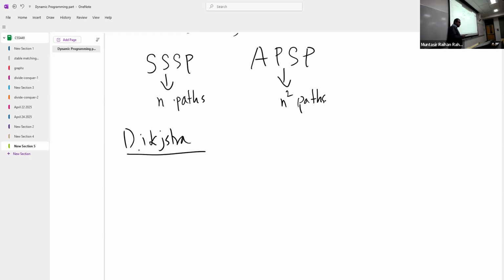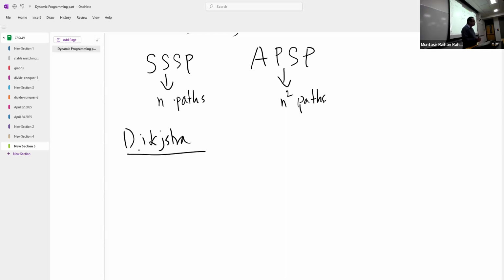So in general, Dijkstra will not work if you have negative edges. The algorithms that we are going to talk about today can also work with negative edge weights, but the case where they don't work is when we have what is called a negative cycle. I'll define that.